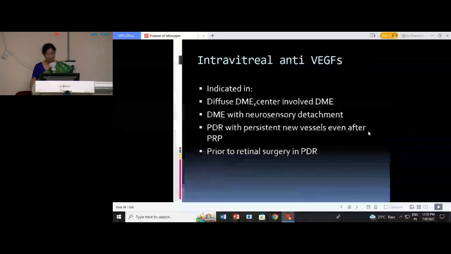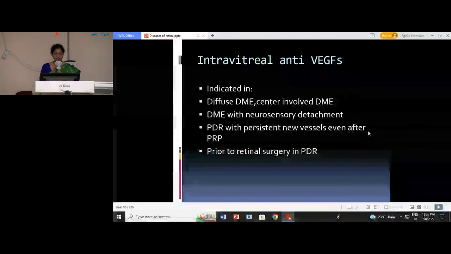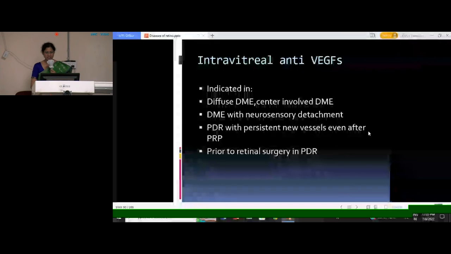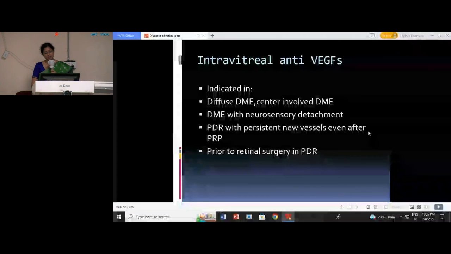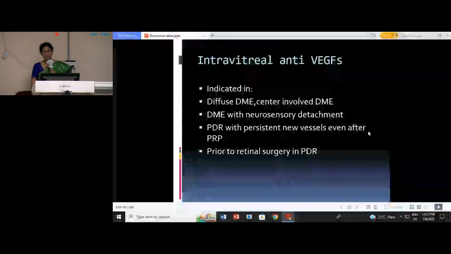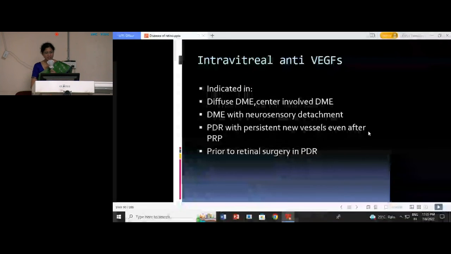Intravitreal anti-VEGF drugs are indicated in diffuse diabetic macular edema which is center involved, and also diabetic macular edema with neurosensory detachment, and PDR, proliferative diabetic retinopathy, with persistent new vessels even after panretinal photocoagulation.